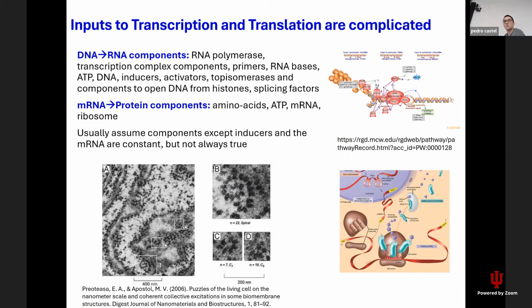Transcription and translation are super complicated. And just to name a few things, you have components that polymerize the DNA. For example, the RNA polymerase, transcription components, primers, bases, ATP, and so on and so forth. And in the translation phase, you have the amino acids, ATP, mRNA, the ribosome.